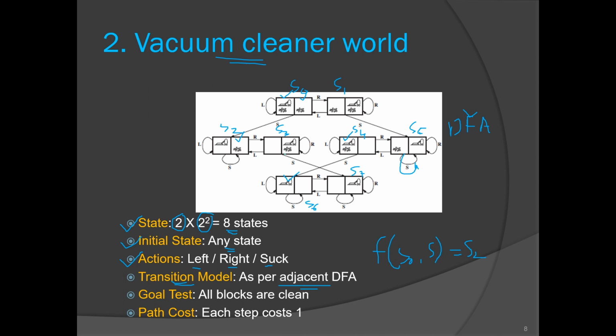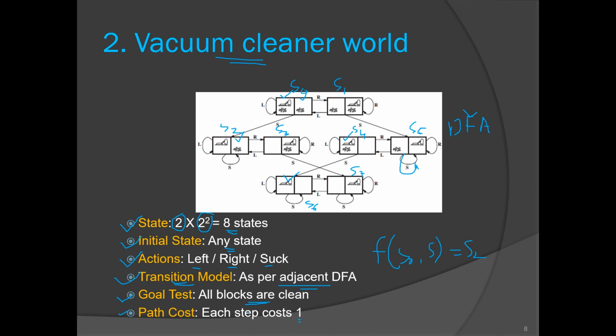From this transition diagram I can determine my transition model. Then what is my goal test? Ultimately what we wanted in our system is that all blocks should be clean. That will be my goal test.